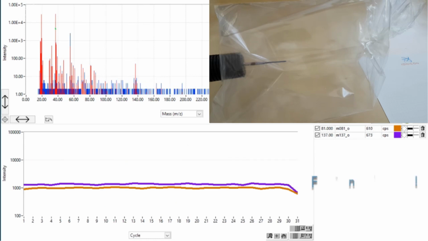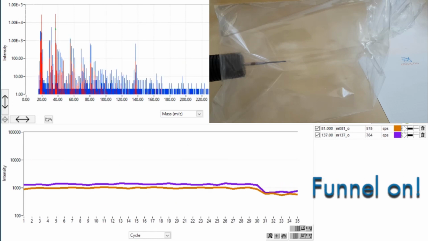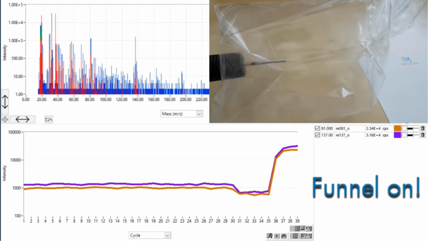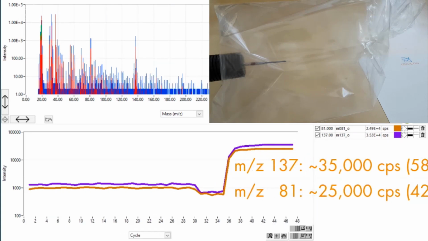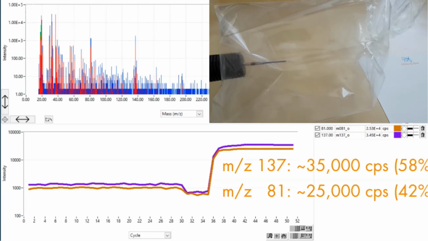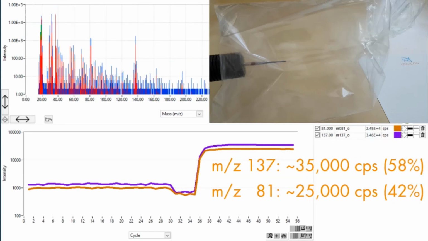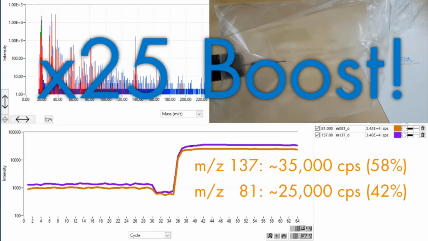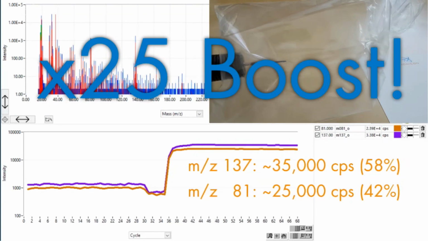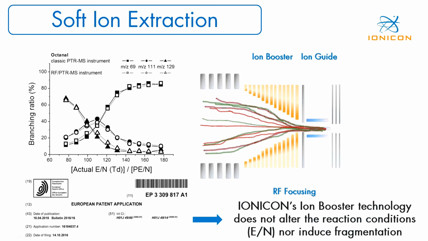Now we activate the funnel and the sensitivity is immediately boosted by a factor of 25 without affecting the fragmentation pattern. This means IONICON's ion-booster technology does not alter the reaction conditions nor induce fragmentation.